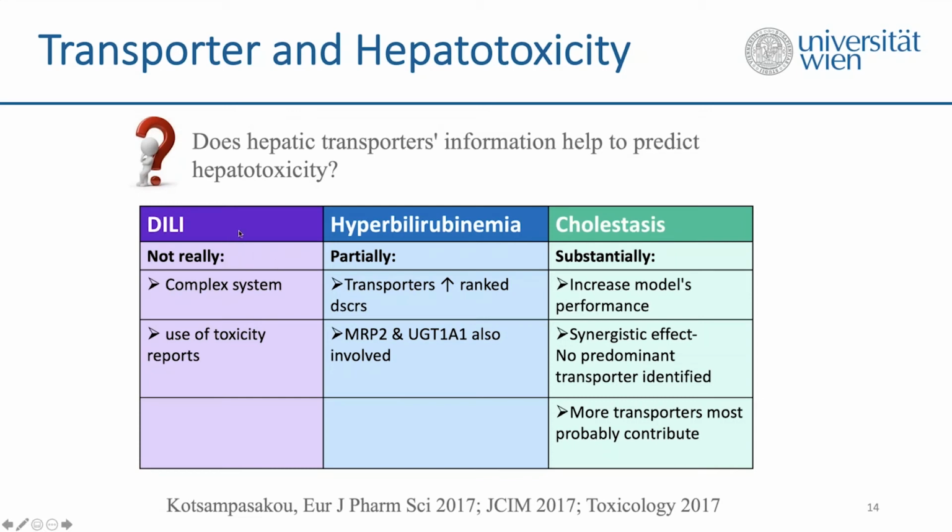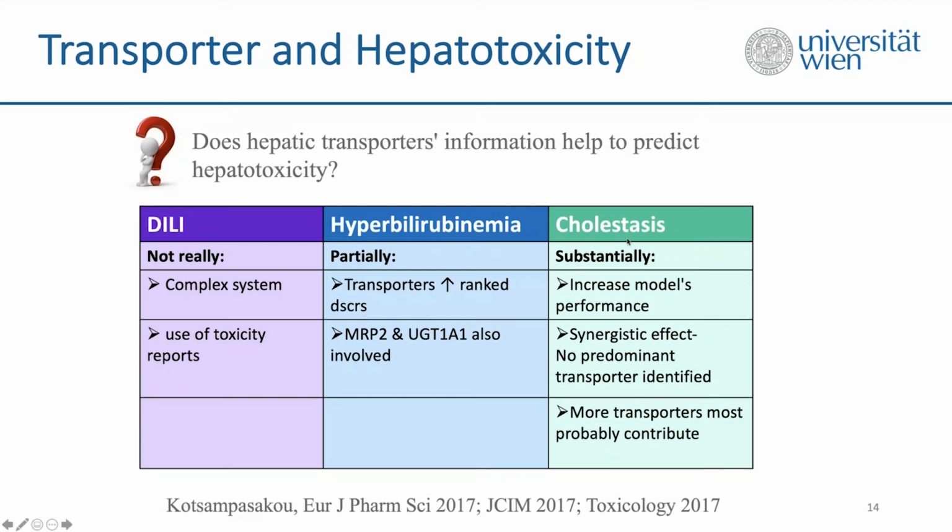In case of DILI, there was not really a performance increase, but DILI is very complex. In case of hyperbilirubinemia, whether you include transporter information or not does not change the performance of the model. But when you analyze descriptor importance, you see that the transporters are ranked quite high in their importance in comparison to classical physicochemical descriptors.